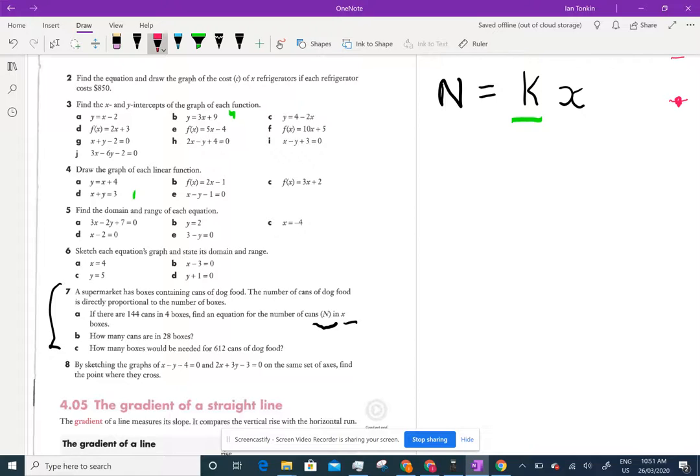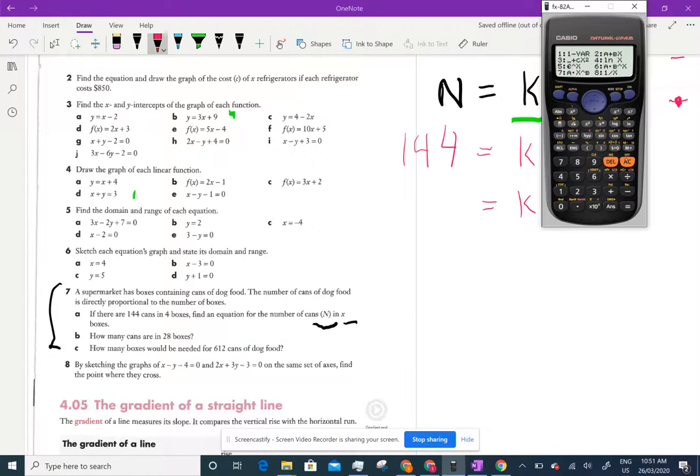So when n, the number of cans, is 144, we have 4 boxes. Remember, we've got to find k. Oh, well, that's easy. I'll just divide by the 4 and I get k. 144 divided by 4. Let me use my calculator so I don't stuff it up.